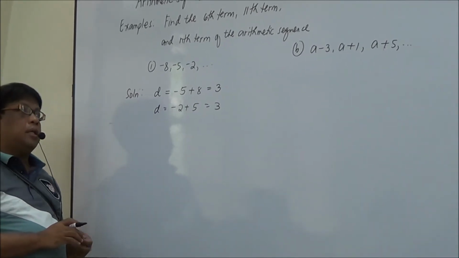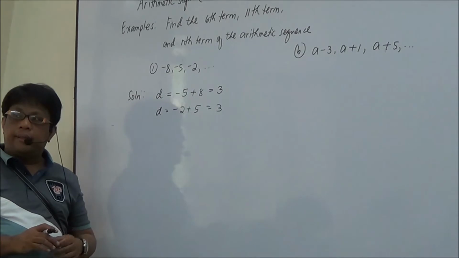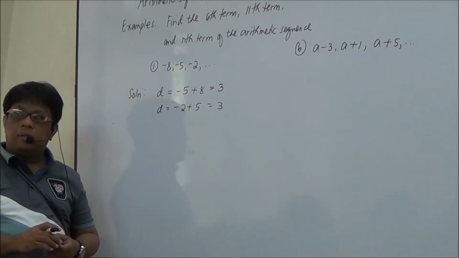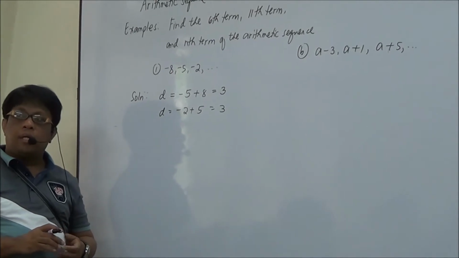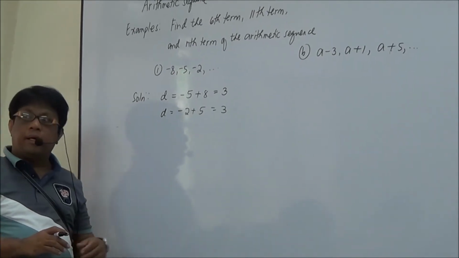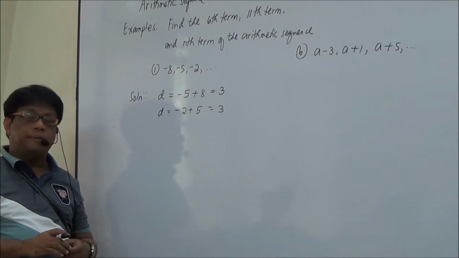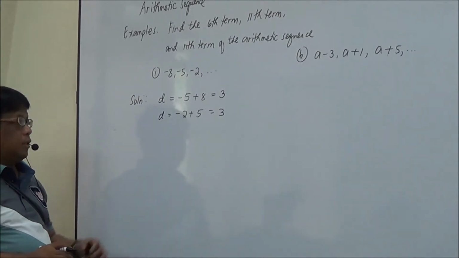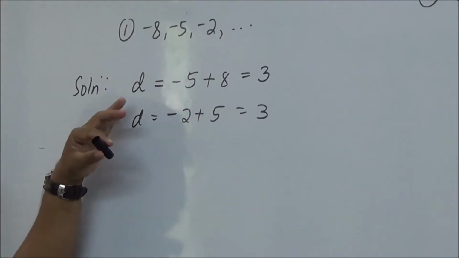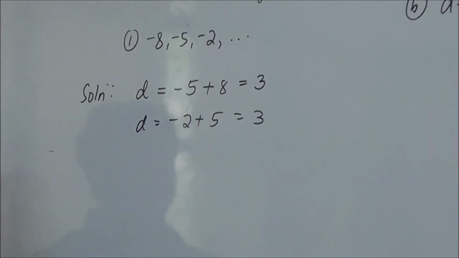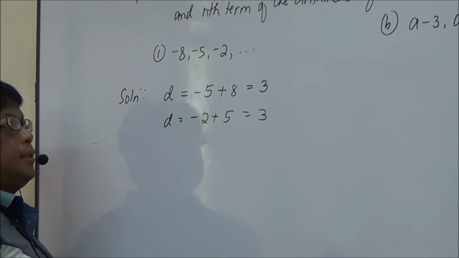You should take 2 pairs of successive terms in the given sequence. As you can see, we have the same value for the difference of the terms in the sequence.